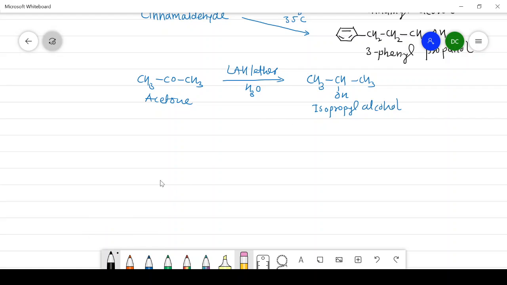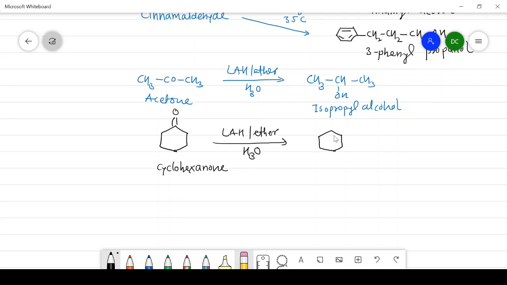Now, this lithium aluminum hydride also causes the reduction of a cyclic ketone. Here we will take cyclohexanone, and this cyclohexanone will reduce to the corresponding cyclohexyl alcohol, so that only the CO group changes into the corresponding alcohol.